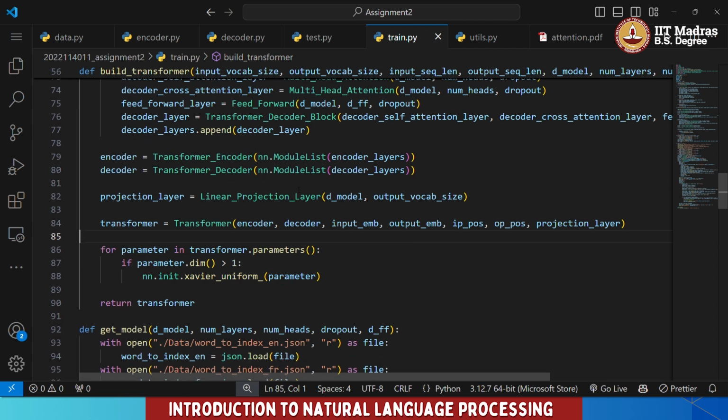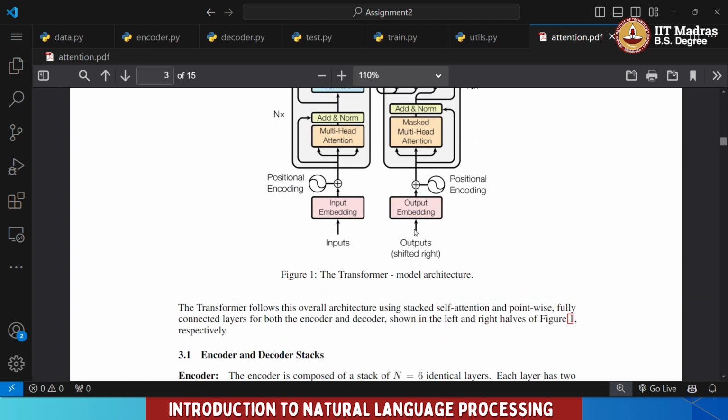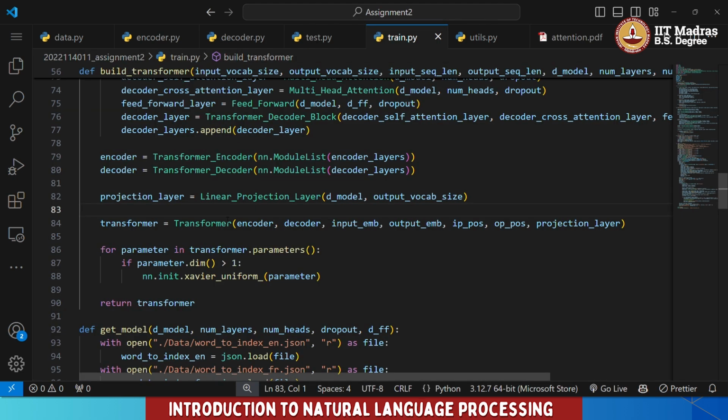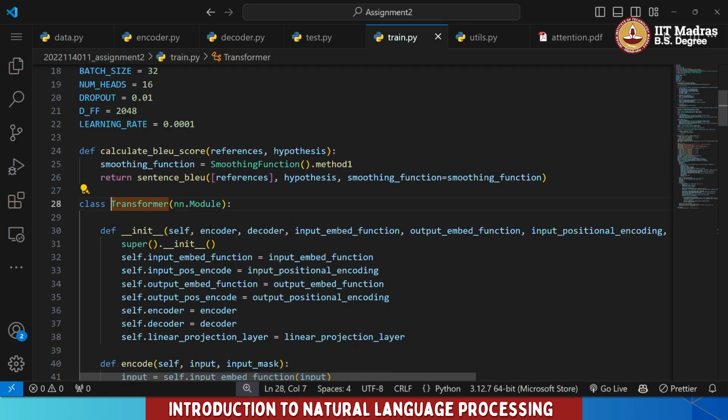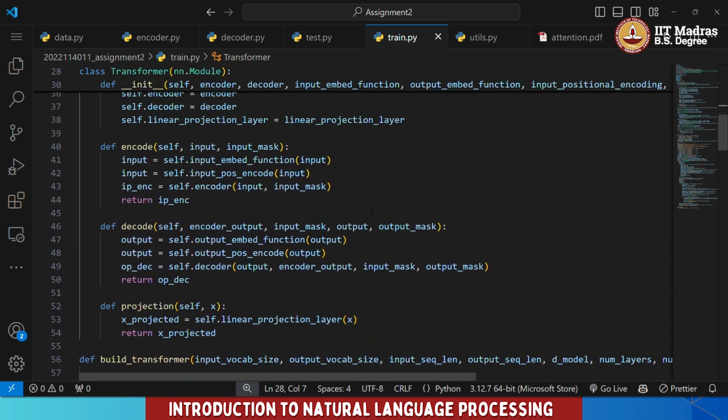So that is the entire set of different pieces. The decoder is formed, the encoder is formed, input embeddings and positional embedding are formed, and the final projection layer is formed. Now we come to the combining part of things. How do we combine all of this together? That is where we come now.